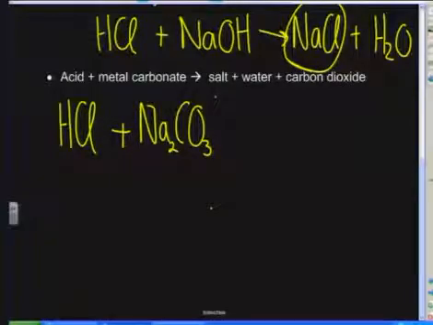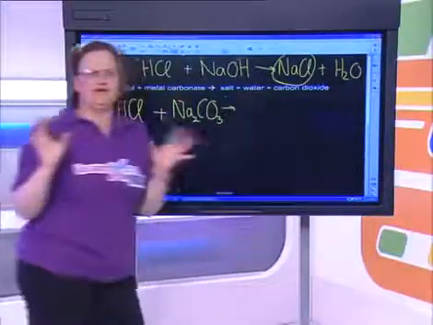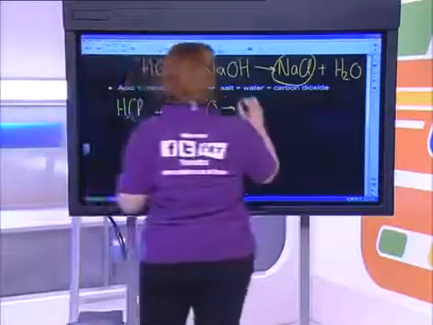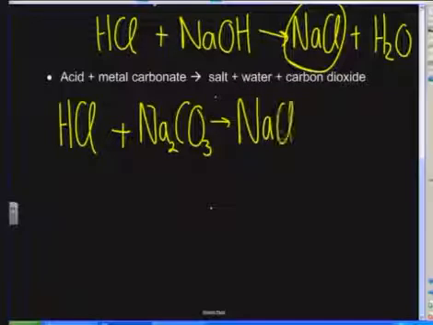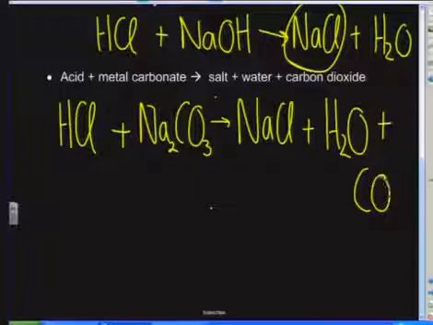Now, the reaction says I'm going to get salt, which hopefully you guys are screaming at the TV, I know what it's going to be. Sodium chloride, absolutely, NaCl, plus water, H2O, plus carbon dioxide, CO2. And to balance it, I need a 2 in front of the HCl.